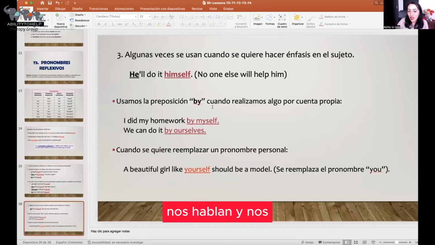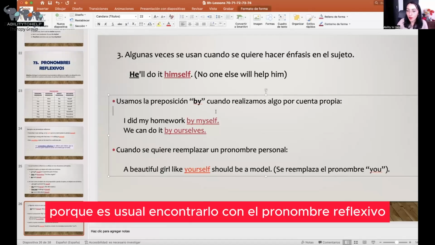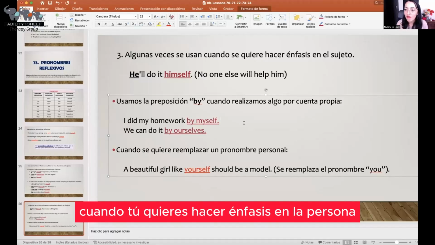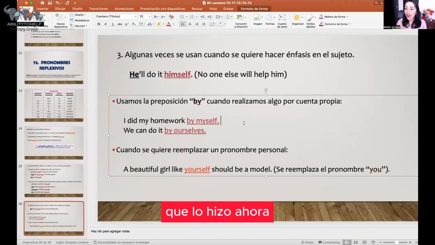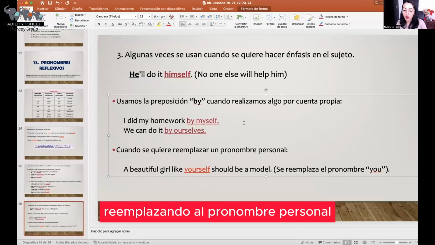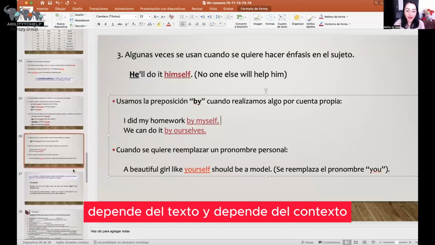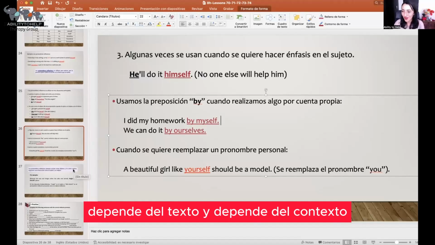Nos hablan y nos agregan la preposición by, porque es usual encontrarlo con el pronombre reflexivo cuando tú quieres hacer énfasis en la persona que lo hizo. Ahora, puedes encontrar en algunos casos el pronombre reflexivo reemplazando al pronombre personal. Depende del texto y depende del contexto.